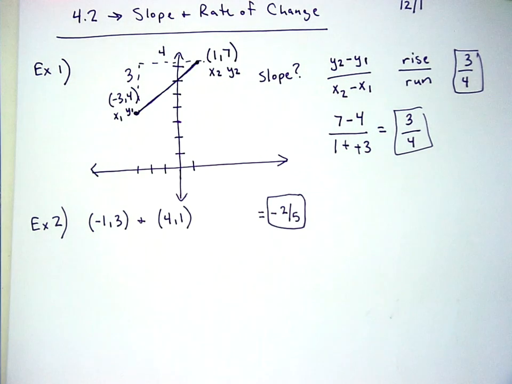And now, the first number is always x. Second number is always y. Just negative 1. So they're always labeled 3 minus 4 x.